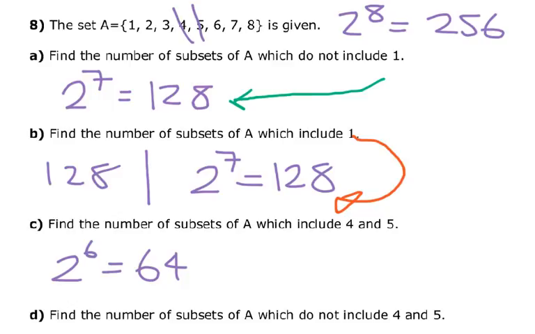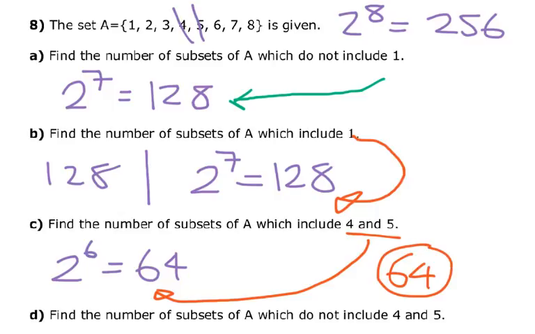That means we've got 64 subsets that don't have a 4 or a 5 in. So we now put 4 and 5 into each one of those 64 subsets, and that means there are no more possible subsets that contain 4 and 5. So our final answer is 64.